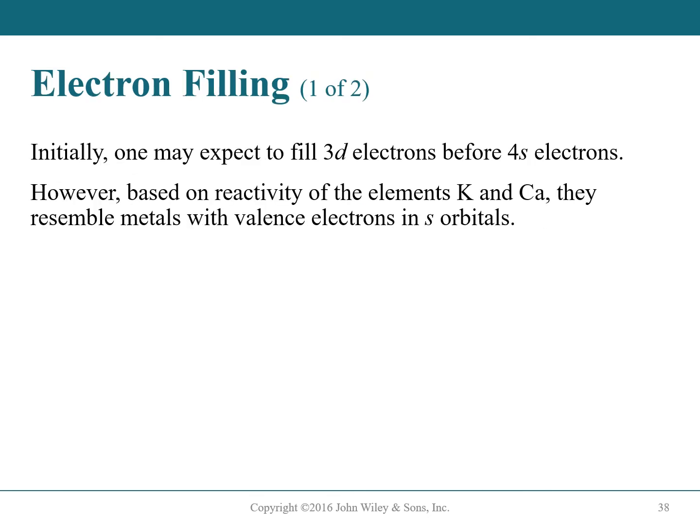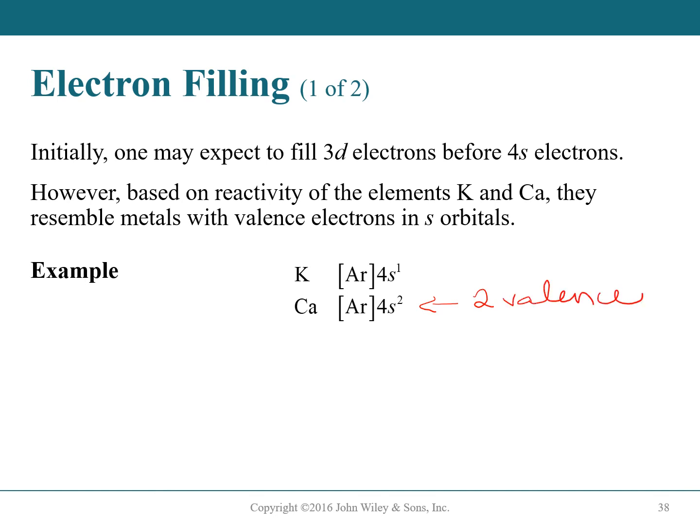Okay, so we're talking about noble gas configuration again, and calcium is in row 4, and notice it has 2 valence electrons. What group number is it in?